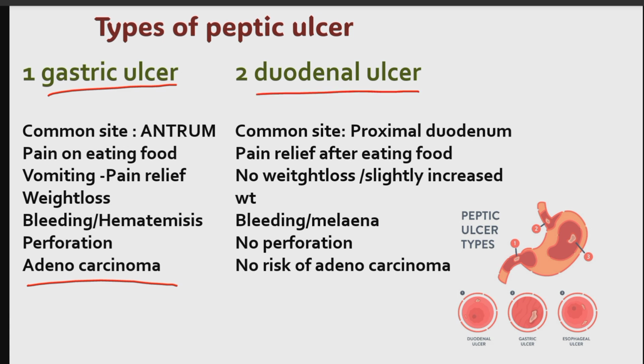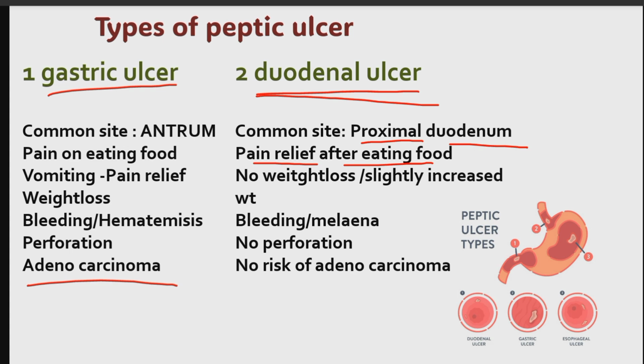Next one is duodenal ulcer. The name itself says it occurs in the duodenum, exactly at the region of the proximal duodenum, which means the starting region of the duodenum. There is pain relief after eating food. After consuming food, the pyloric sphincter will close.